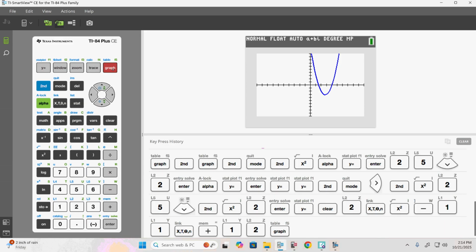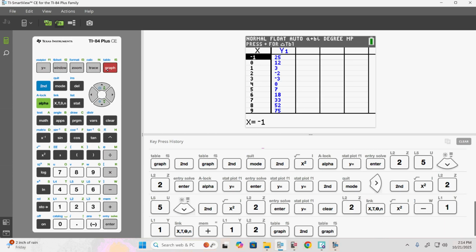What values of x will make the y value be 0? And as we look at this here, we see that it crosses the x-axis in 2 places. Second graph will give us a table, and we see that one of the values of x that will make this function be 0 is 4. However, it doesn't give us the other one. But we did see that it crossed somewhere between 2 and 3.